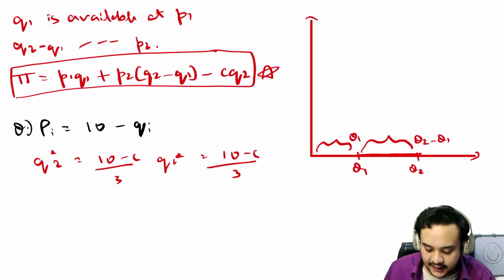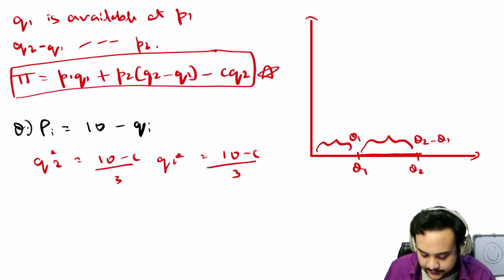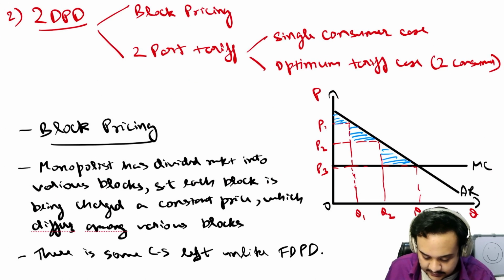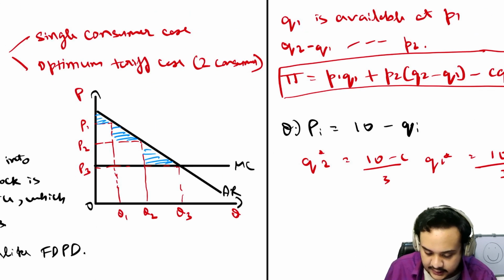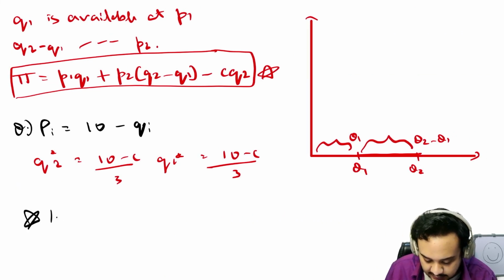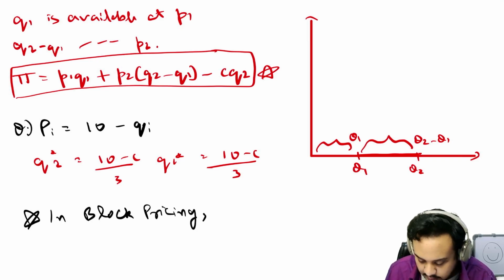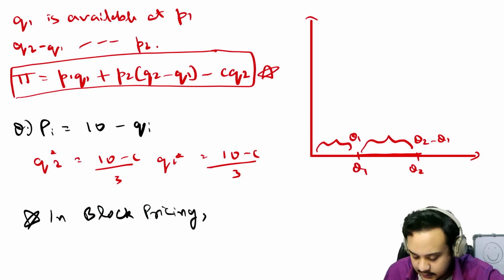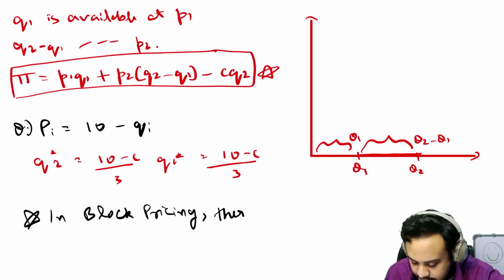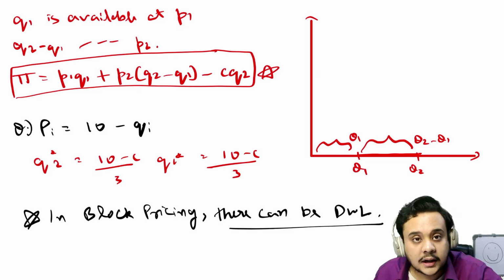Now one thing that I think I did not mention in the block pricing part: in block pricing, the monopolist can have deadweight loss. It is not necessary.